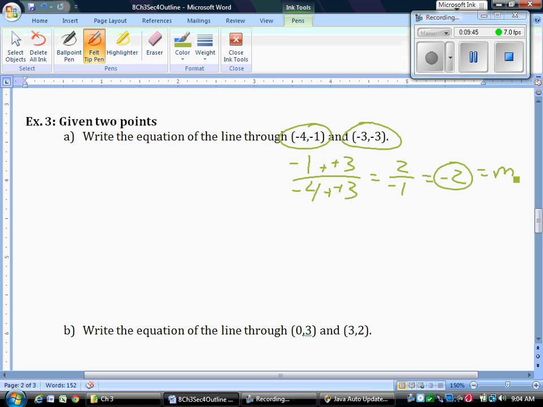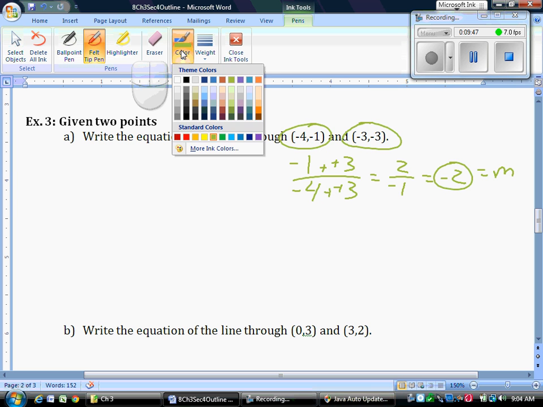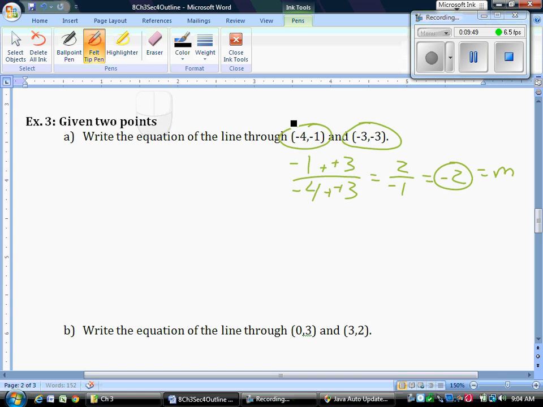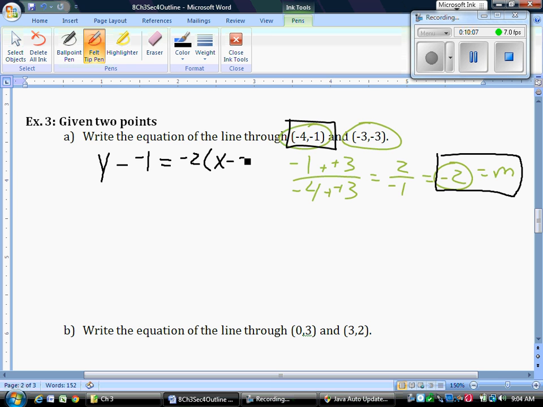Okay. Now we have a point and we have a slope. What can I do when I have a point and a slope? Plug it into point-slope form. So y minus -1 equals -2 times x minus -4.